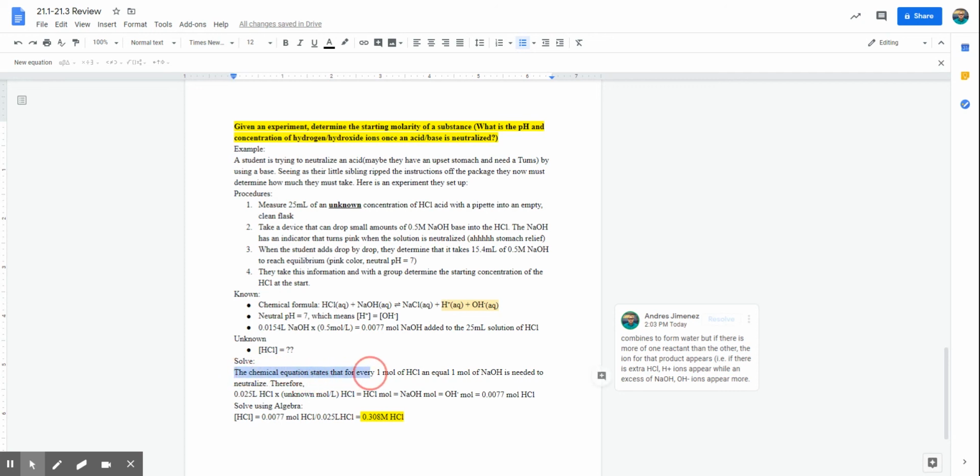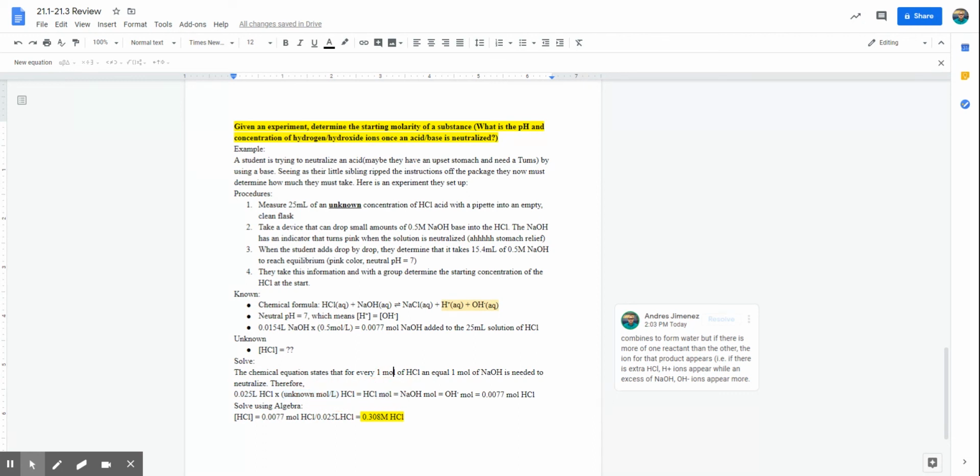So the chemical equation states a couple things, that 1 mole of NaOH neutralizes 1 mole of HCl. So 1 mole of hydrochloric acid neutralizes 1 mole of sodium hydroxide. And so therefore, if I take my 0.025 liters of HCl and I multiply it by my unknown molarity, which is what I'm trying to find out, that's going to equal my moles of HCl.